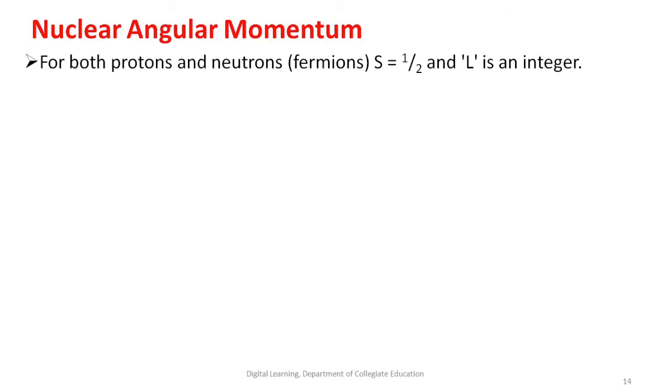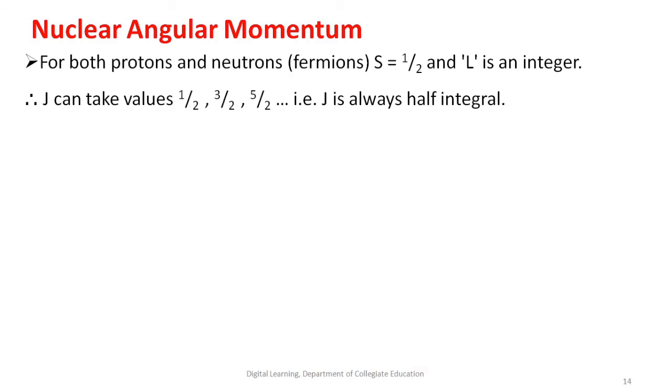For both protons and neutrons, the spin S will be equal to half, because both protons and neutrons are fermions, and orbital quantum number L is an integer. Therefore, J can take values half, 3 by 2, 5 by 2. That means it contains only half integral multiples.